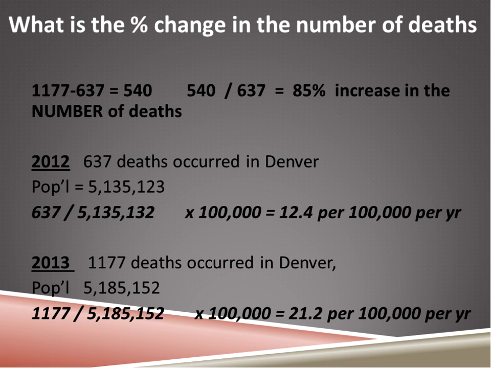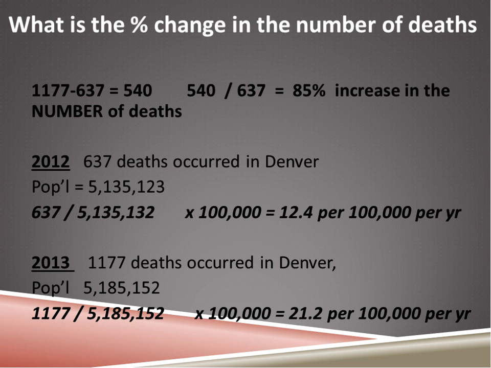Sorry about that, didn't mean to move ahead. I thought I put a blank slide in there when the math was done a little bit cleaner for you, but I think you can see the math anyways. And now we're looking at what is the percent change in the number of deaths. And so our first calculation that we do is we take our number of deaths and we subtract one from the other. So we take our 2013, we subtract it from 2012, and we find out that the difference in our number of deaths was 540.